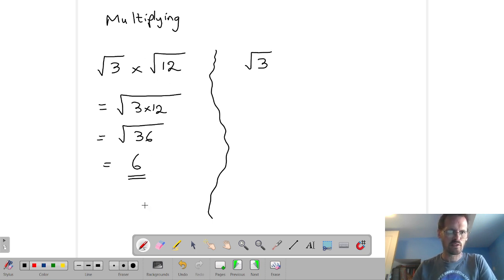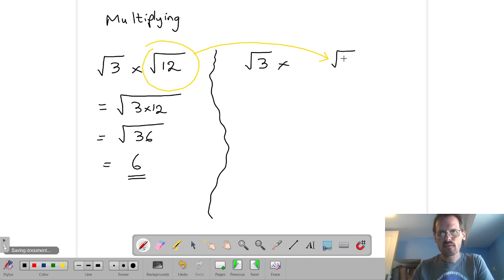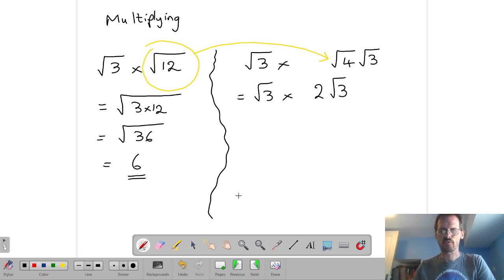Now the alternative way, which you sometimes need, is that you simplify things first. So the root 12, I'm going to simplify. Now, root 12 is root 4 times root 3, because we know that 12 is 4 times 3. So we've got root 3 there. We know that root 4 is just 2. So that's 2 times root 3.